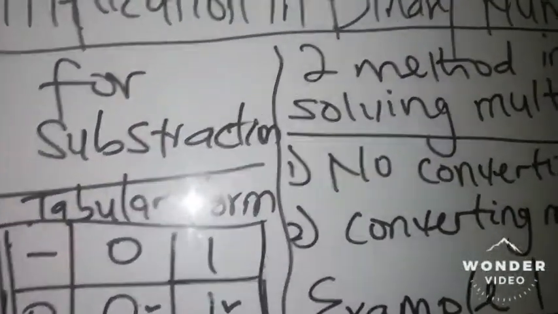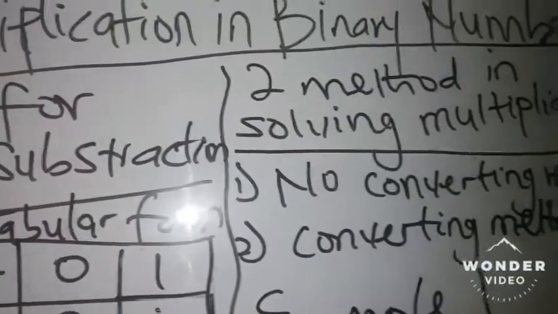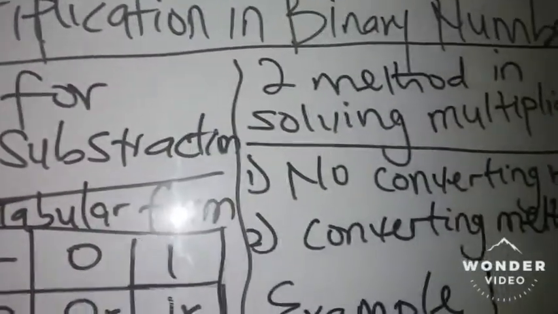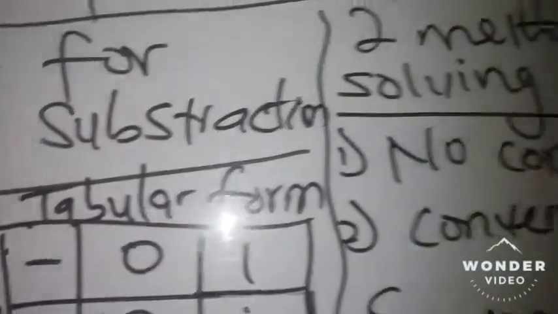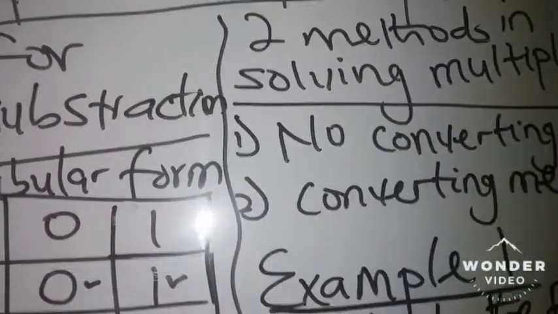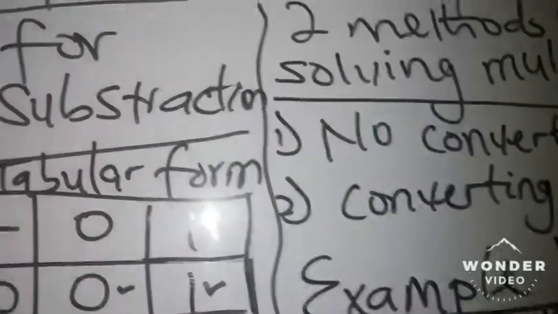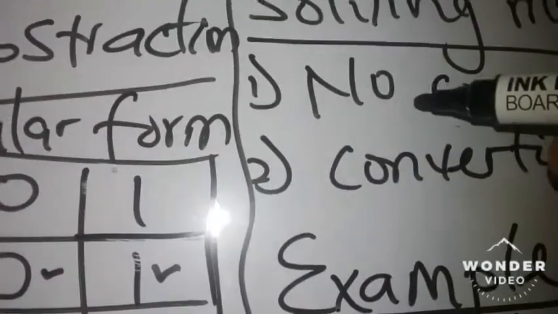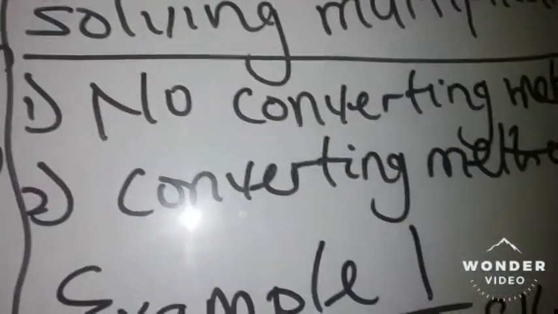In multiplication, I find some things that are useful for you. I found out 2 methods, in which you can use any one, in solving multiplication. We have the no converting method, just multiply it. Then we have the 2 converting method.